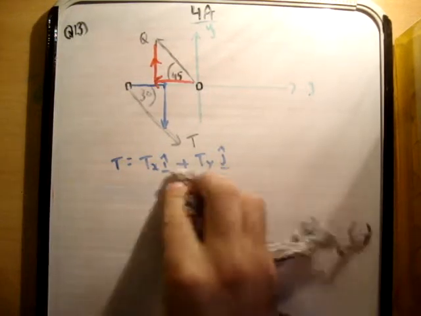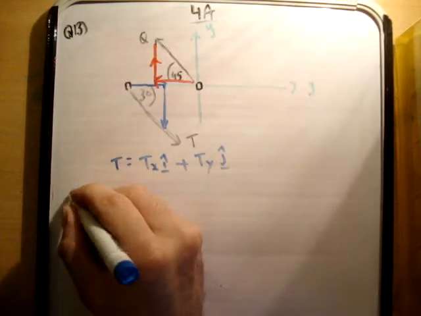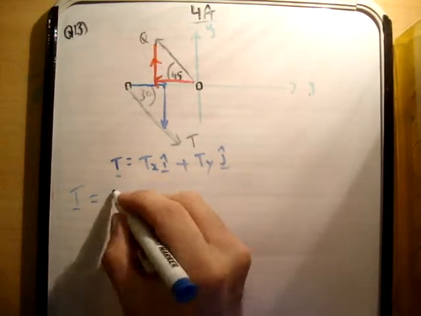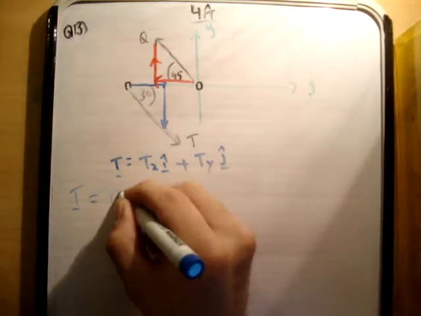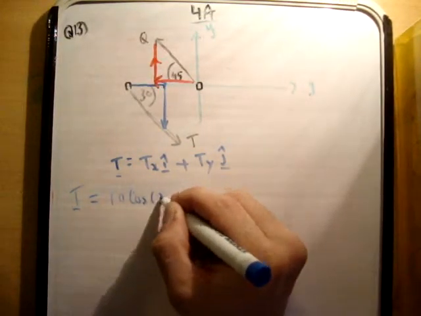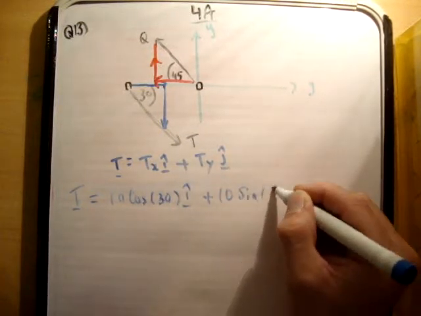So we'll do T first, the vector T. T was equal to 10, wasn't it? Yeah, so 10 cos 30 i hat plus 10 sine 30 j hat.